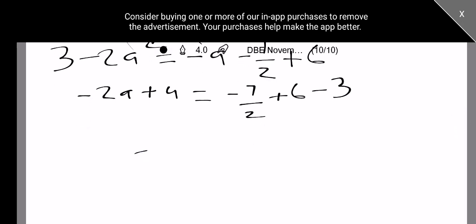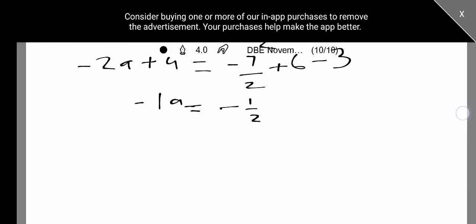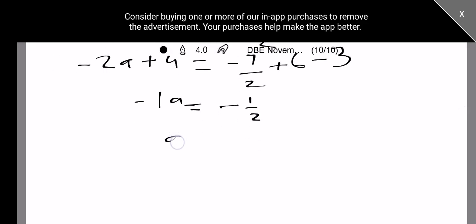Negative 1a equals, simplify this, it's going to give you negative half. Then divide both sides by negative 1: a equals half.